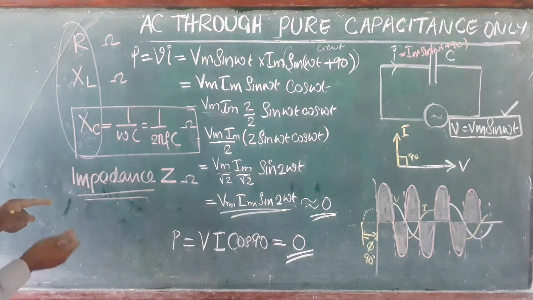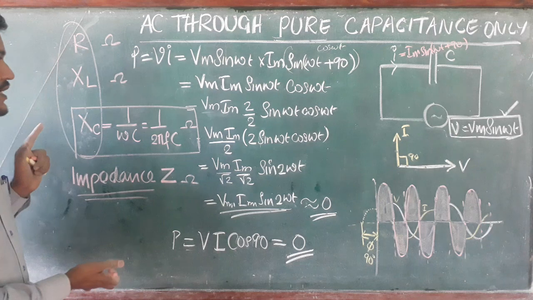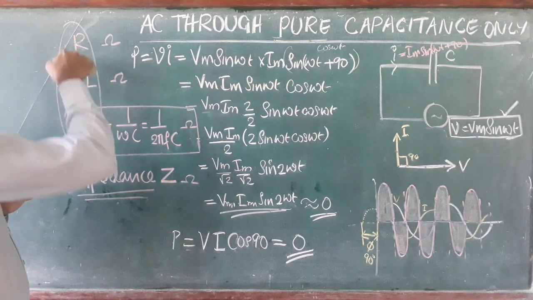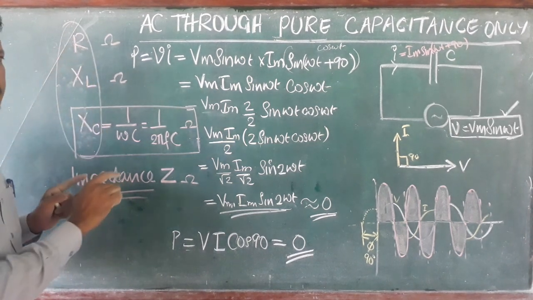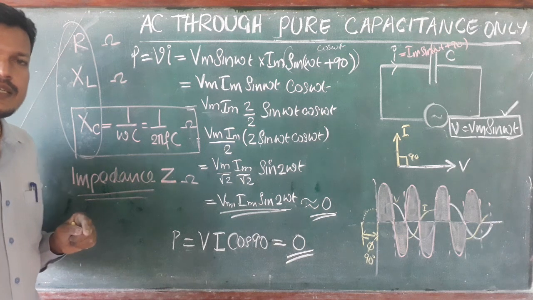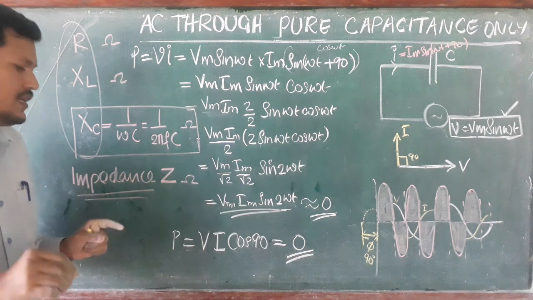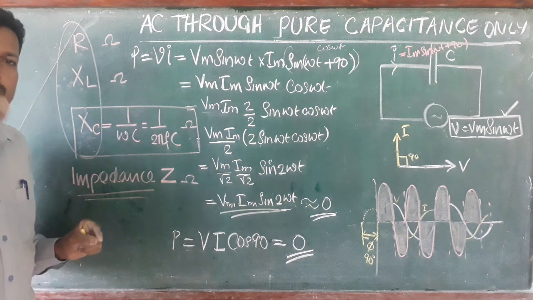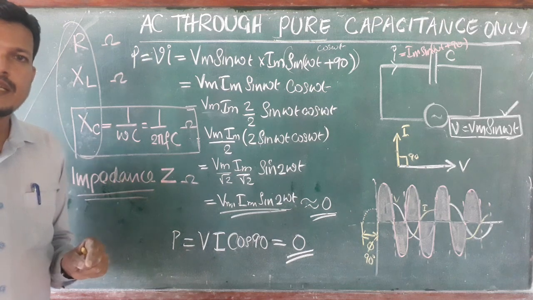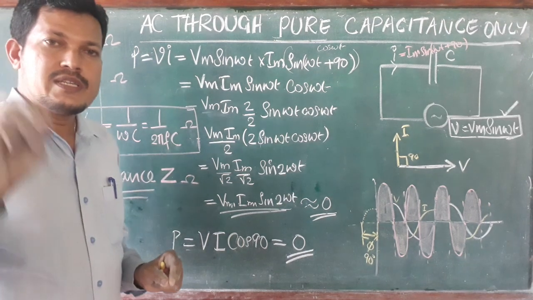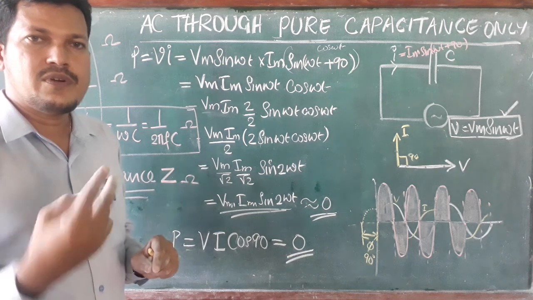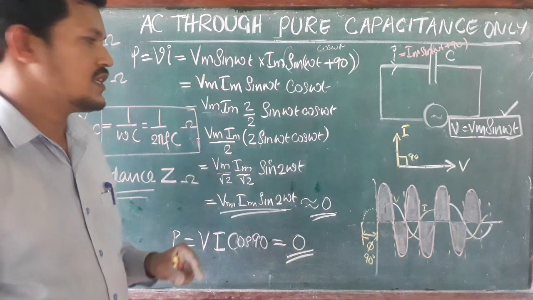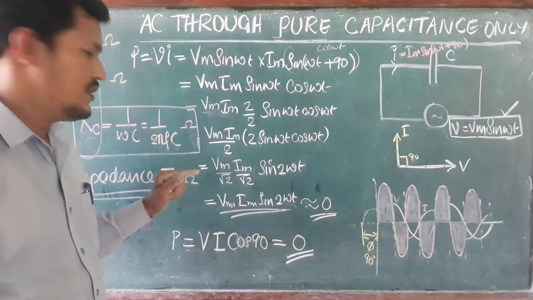From the next video onwards, we are going to discuss different circuits: R and L, that is resistance and inductor only circuits. What happens in the total opposition? Again R and C, that means resistance and capacitor. That means what is the total opposition offered to the flow of alternating current with respect to resistance and capacitor.